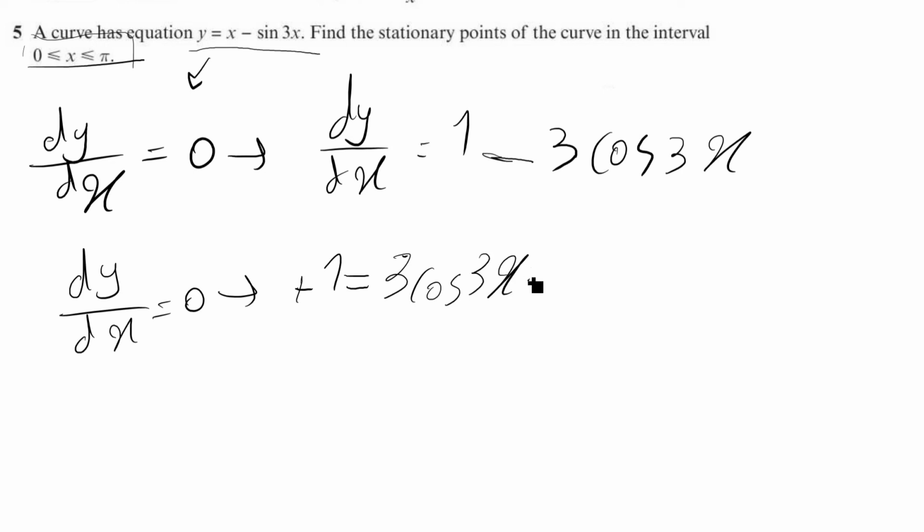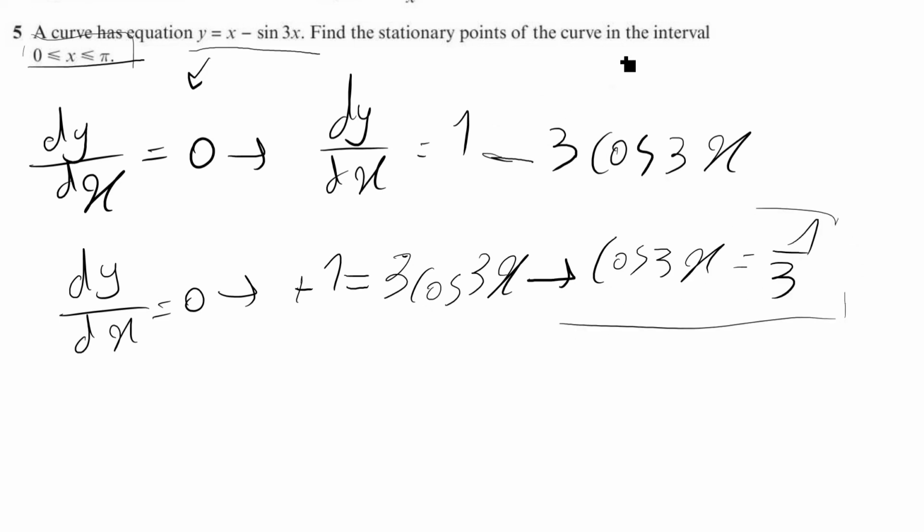And next step is rearranging this equation. Cos 3x equals a third. And now you're going to solve this equation in the interval 3 times 0 to 3 pi for 3x, and then divide all our answers by 3. So if we use our calculator for these questions, the values of 3x are going to equal 1.23.